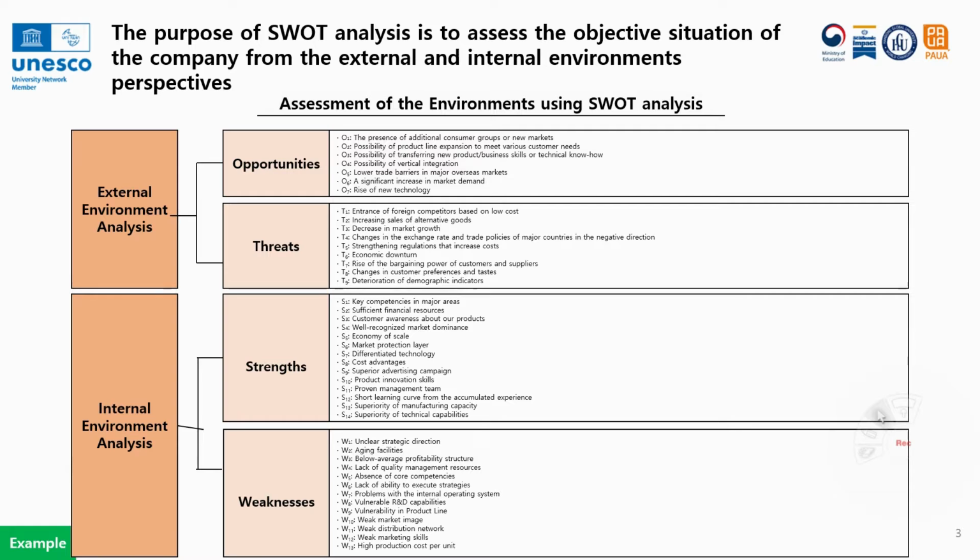In case our company's business is a technology-driven manufacturing company, and all the employees of our company have technical capabilities better than the competitors, such a great superiority of the technical capabilities might be one of the core competencies.